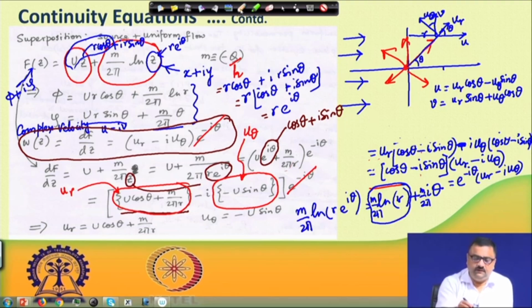So, what we have written here is u r minus I u theta, which is coming from this here df dz.